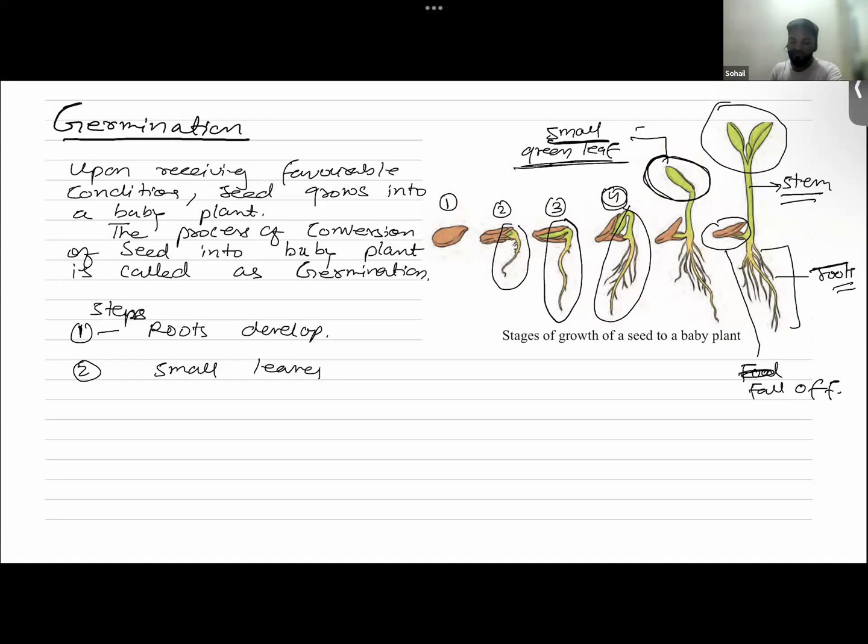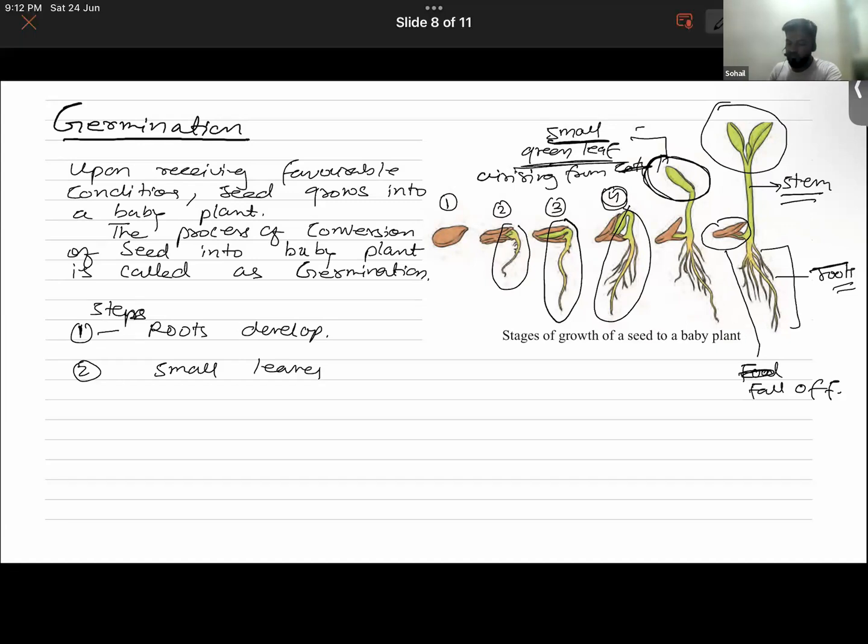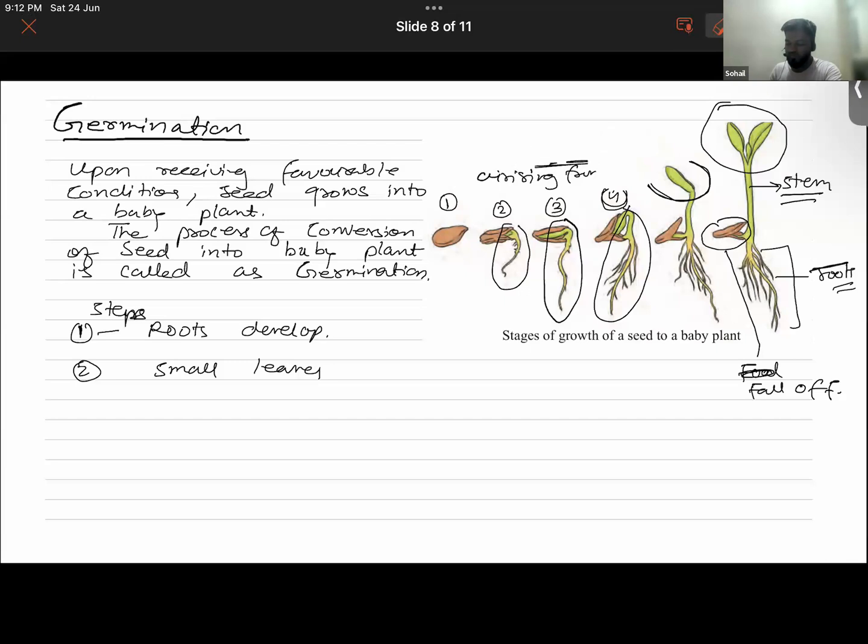This basically is the small green leaves arising from cotyledons, coming out of soil. So small leaves, after the cotyledons have started to arise from the soil, will now get converted into leaves.